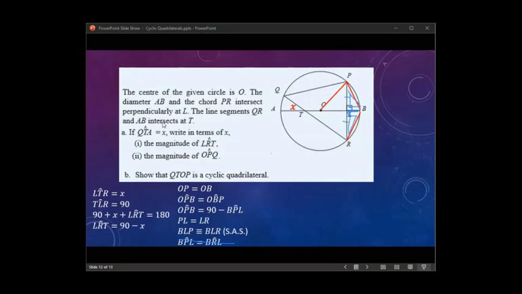Then using that you can write this BPL angle is equal to BRL angle. BPL angle, this one, is equal to BRL, this one. Okay, these two triangles are equal. I'll state this angle and this angle are equal.